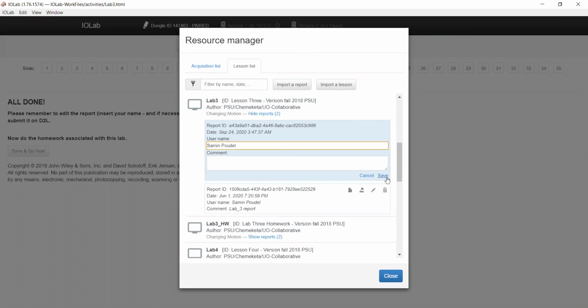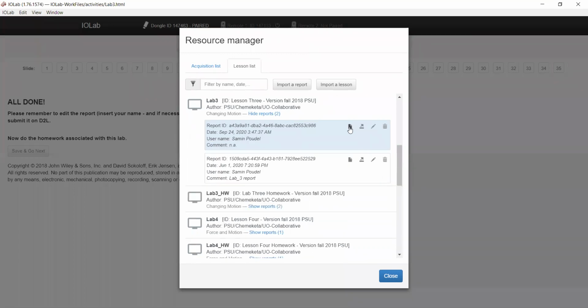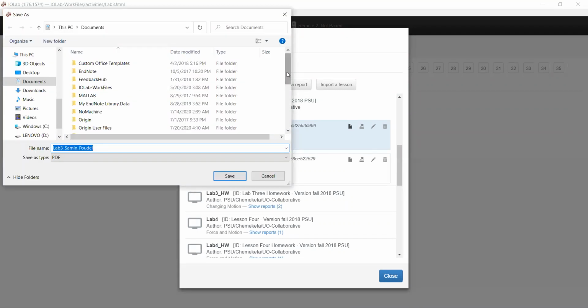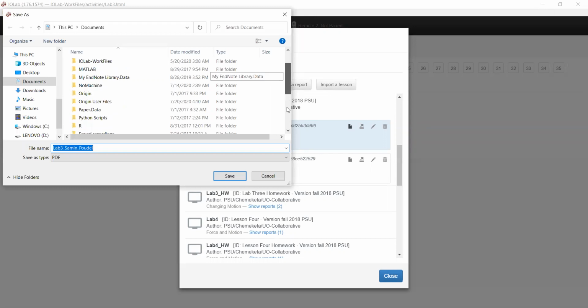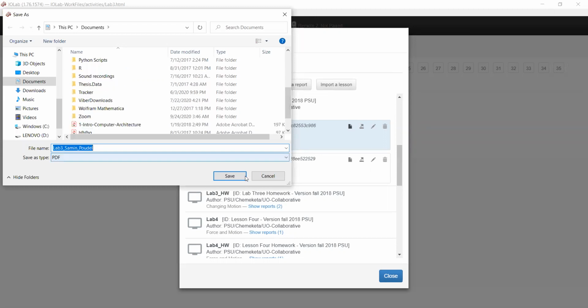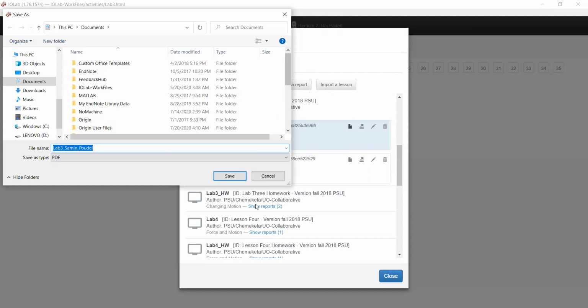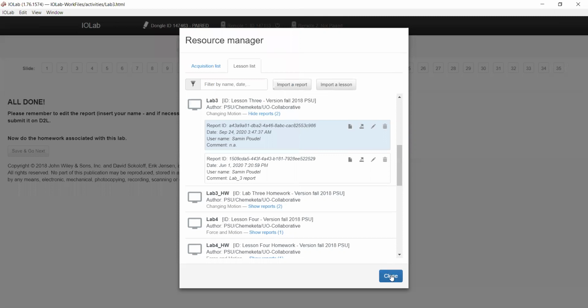You can save it at any location you like, and then a green signal will come here. Okay, that's it.